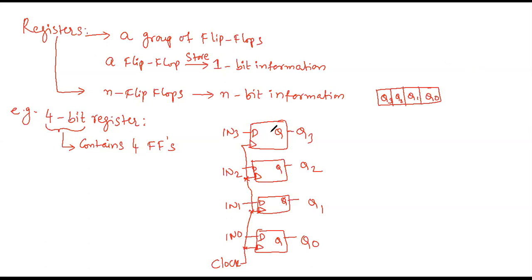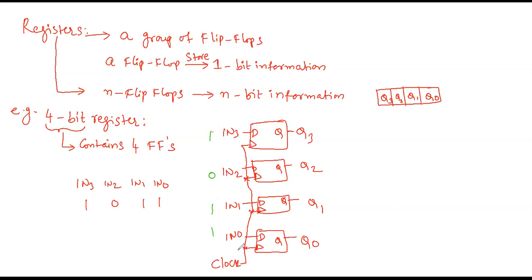Initially I am giving the inputs IN3, IN2, IN1, IN0 as 1 0 1 1, for example. Now a D flip-flop is nothing but a transparent flip-flop.